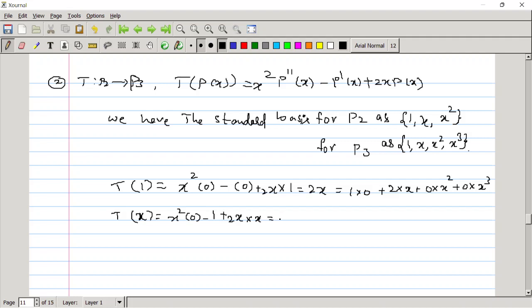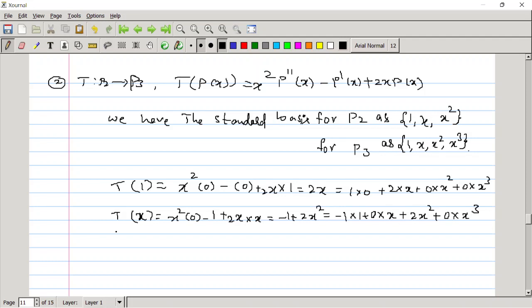This is nothing but minus 1 plus 2x square. So again write it as a linear combination of the basis of P3: minus 1 times 1 plus 0 times x plus 2 times x square plus 0 times x cube.